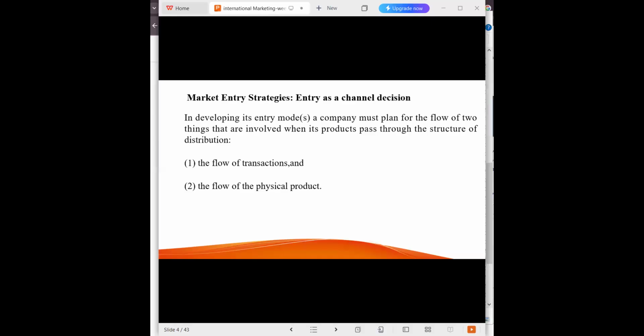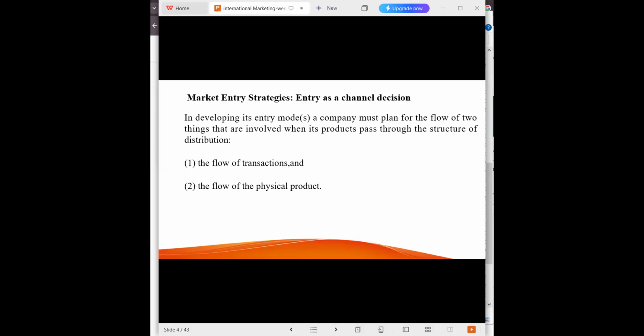So that is another form of entry mode which an organization has to consider. They have to look at the flow of the product when it passes through the distribution channel. So the first one is the flow of transactions, and the other one is the flow of physical product. And when you say flow of transaction, you are looking at the flow of ownership.